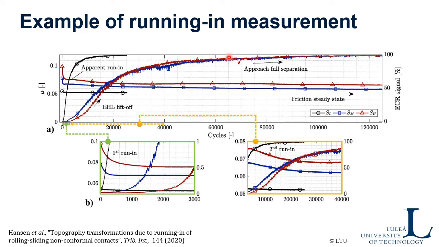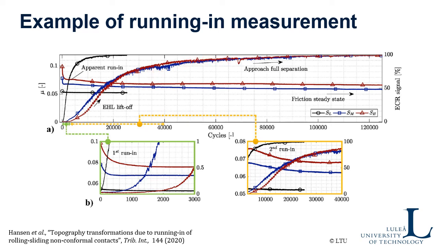So this is a good example of successful running in. You had a very poor contact in the beginning here, but then you round off the asperities and the surface becomes slightly smoother.